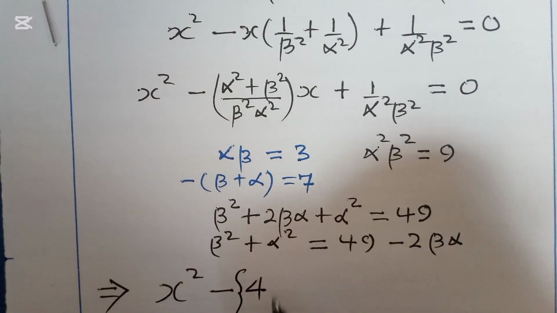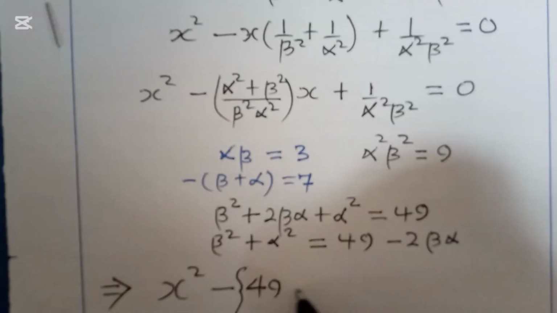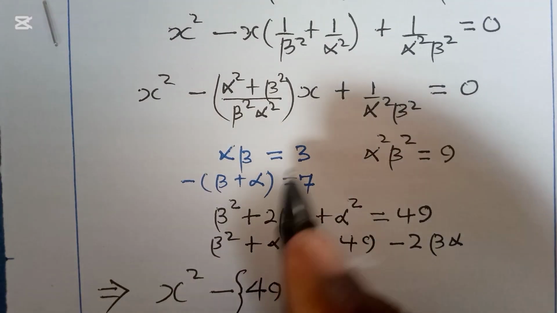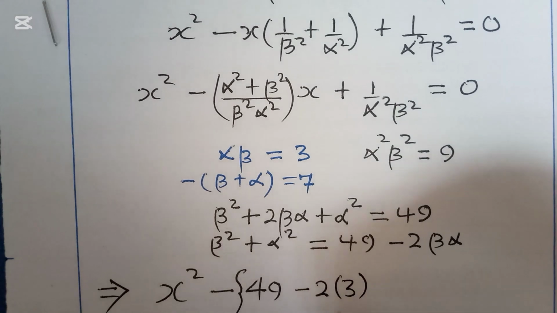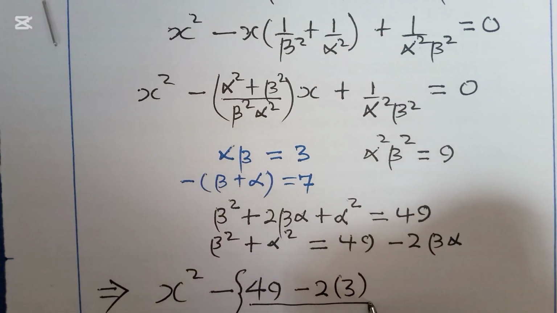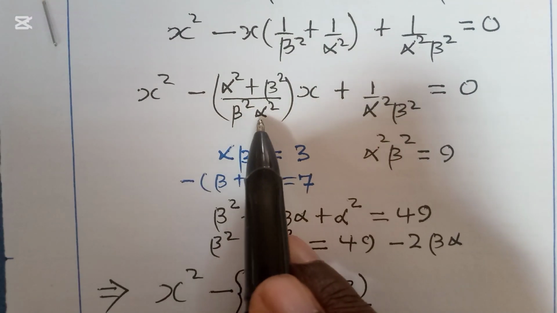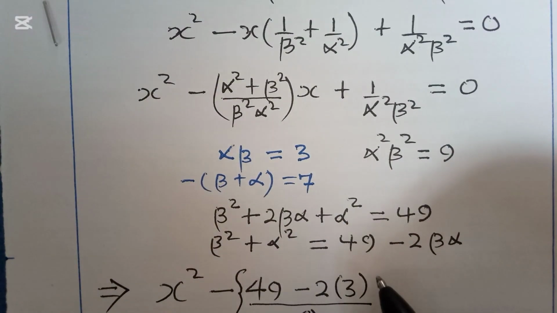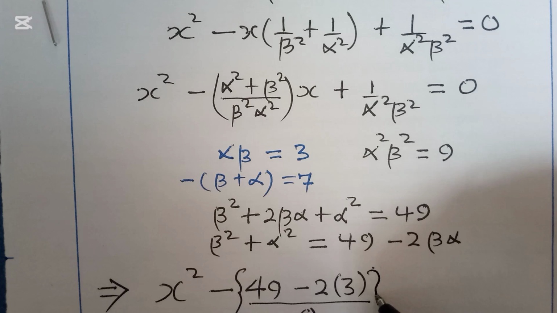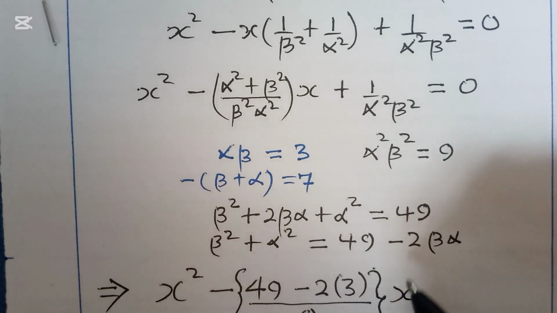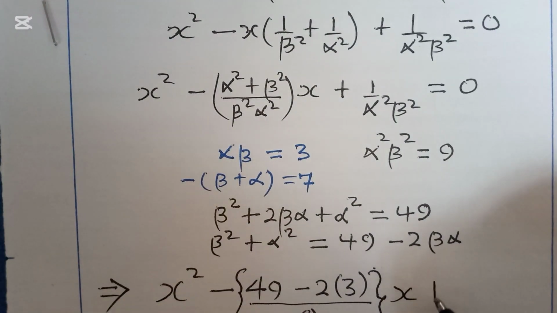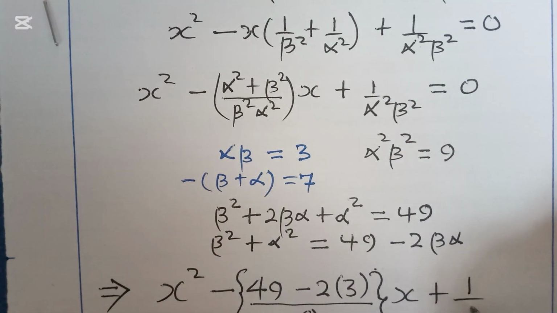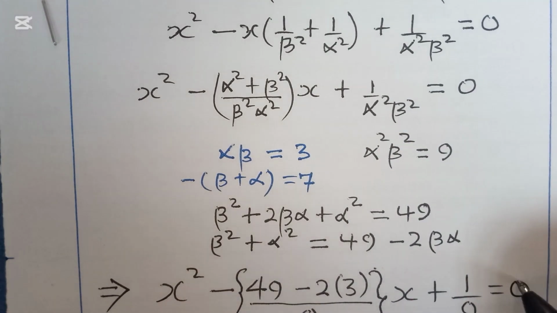Put a bracket there, 49 minus 2, then beta and alpha is given by 3, all over beta squared alpha squared, we get it is 9, like that. And then guys, we put our x, this is our x, plus 1 all over beta squared alpha squared, we get 9. This is equal to 0.